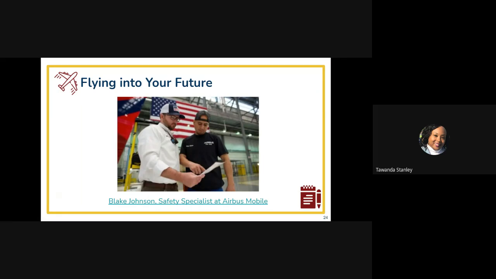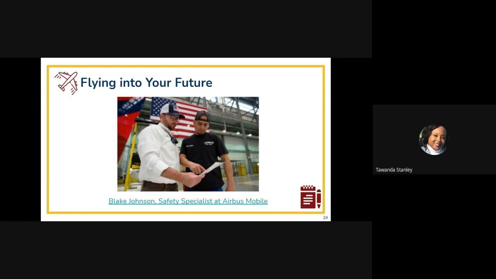All right, so basically there are many jobs or careers dedicated to reducing hazard and increasing safety in the workplace. So this is about an individual, and I'll read through this. His name is Blake Johnson, and he works at Airbus in Mobile.